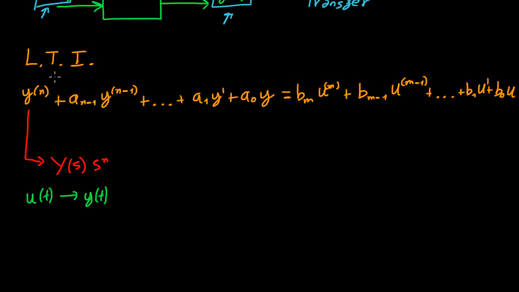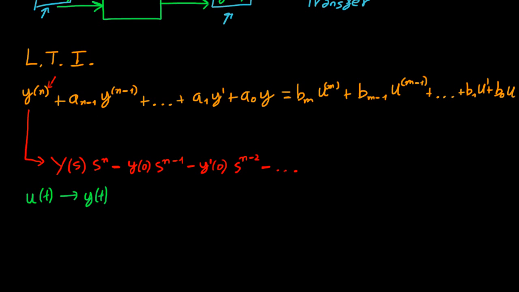This is n because here we are differentiating n times, minus the initial condition of the output times s to the n minus 1, minus the initial condition of the first derivative times s to the n minus 2, and we continue with all the rest of initial conditions.